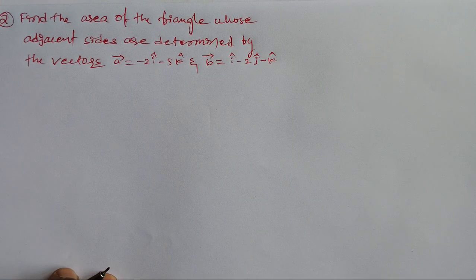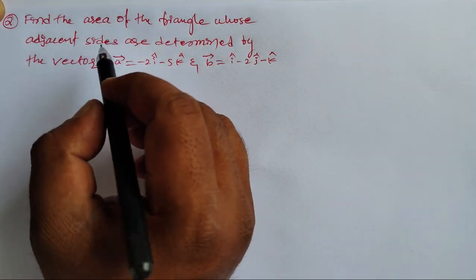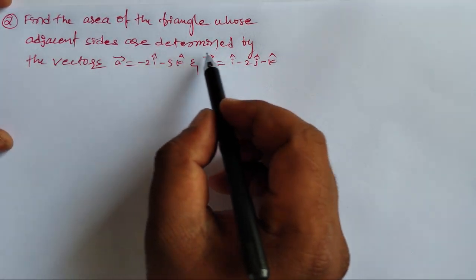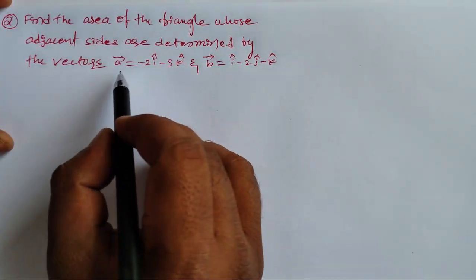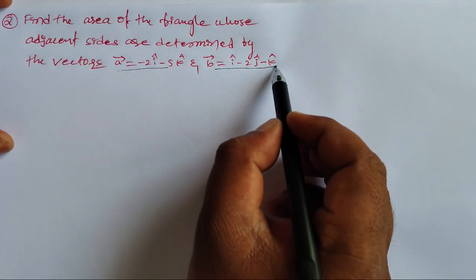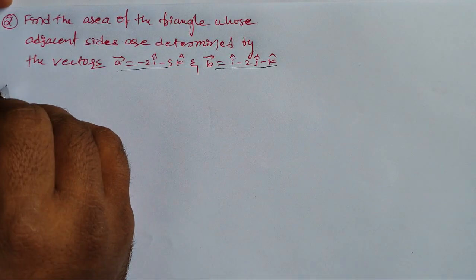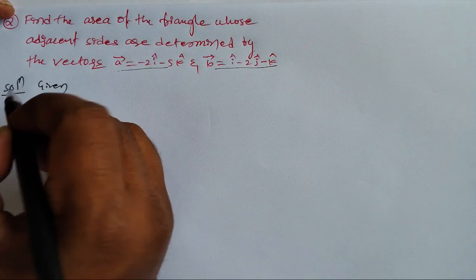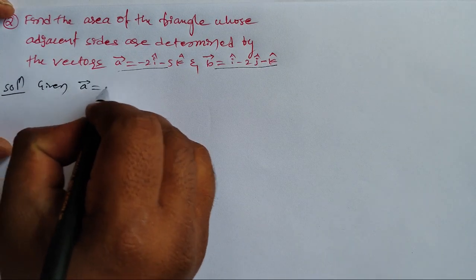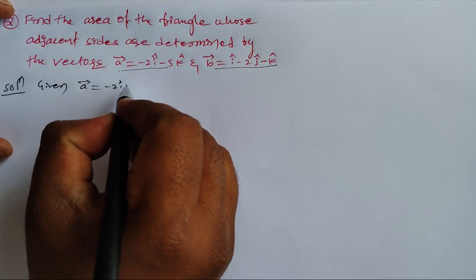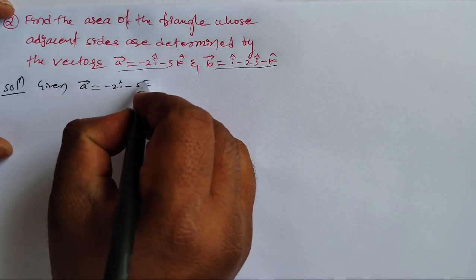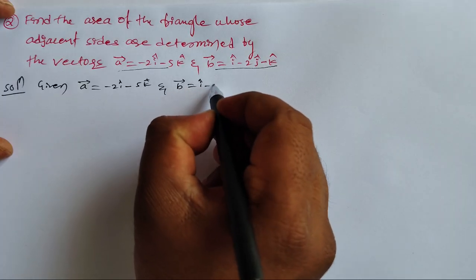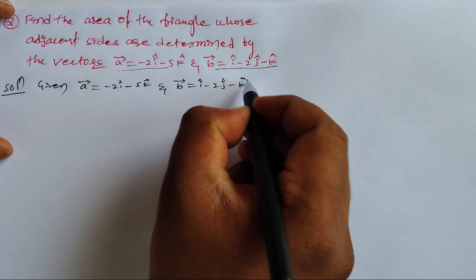Okay, next second type question. So this one is asking, find the area of the triangle whose adjacent sides are determined by the vectors. Okay, adjacent sides are given. So first you write solution. Given the vectors, A vector equal to minus 2i minus 5k and B vector equal to i minus 2j minus k.